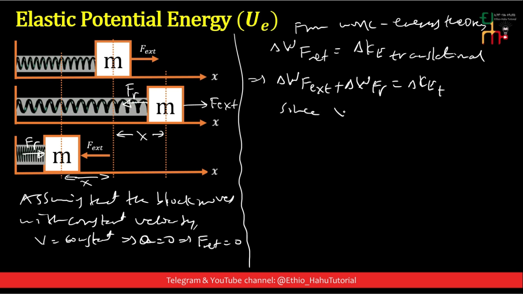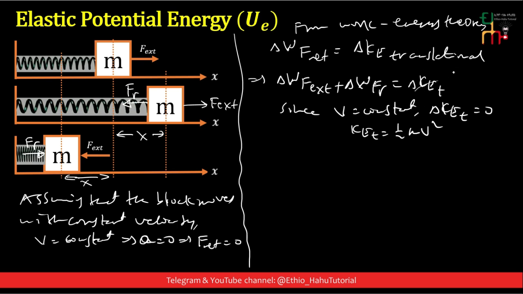Since v is constant, the change in translational kinetic energy is 0, because translational kinetic energy is 1/2 m v squared. And since v is constant, final kinetic energy and initial kinetic energy are the same and the change in translational kinetic energy is 0.